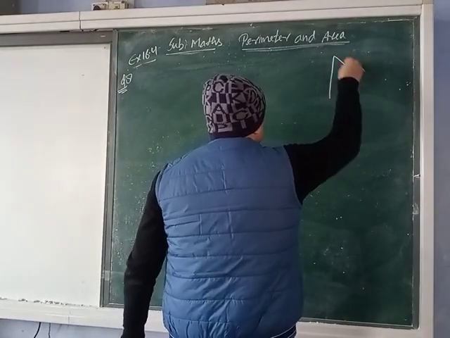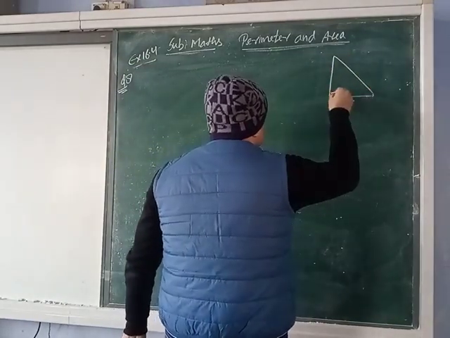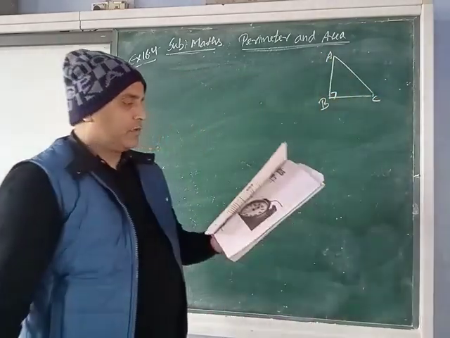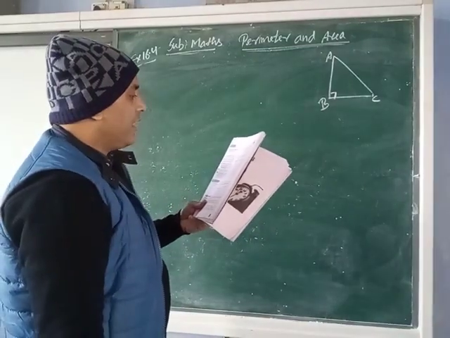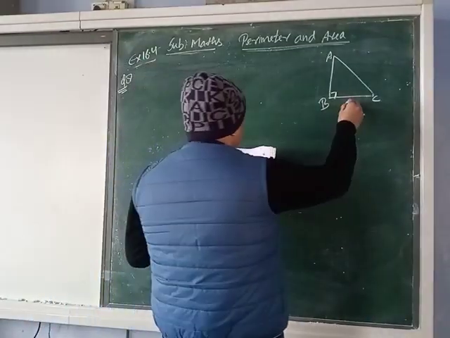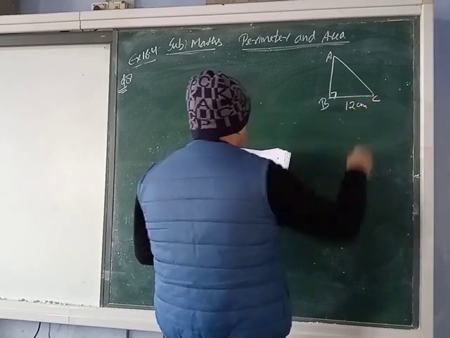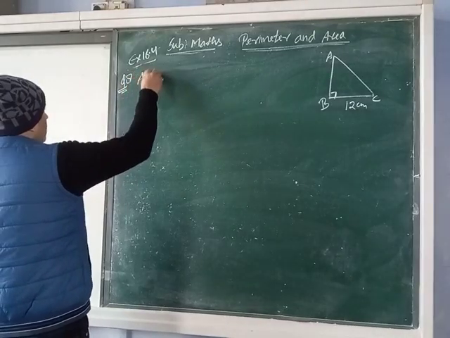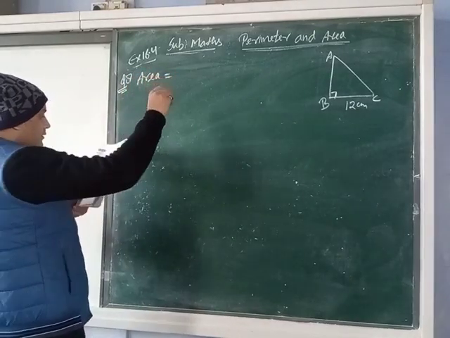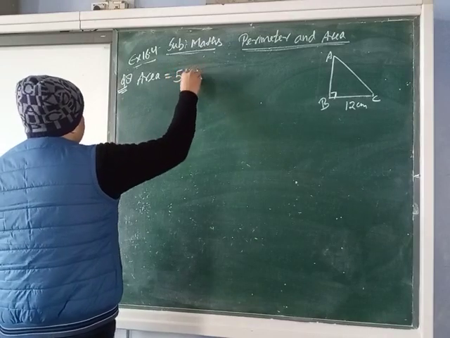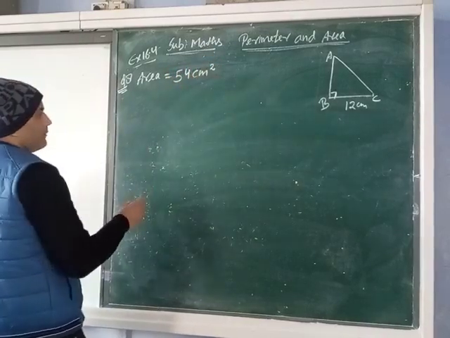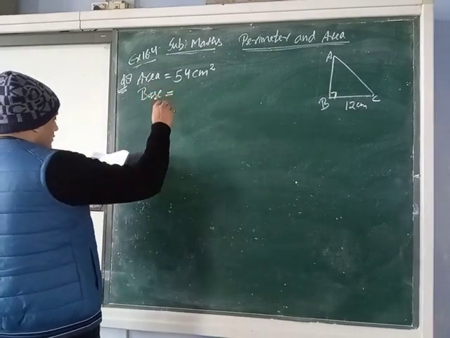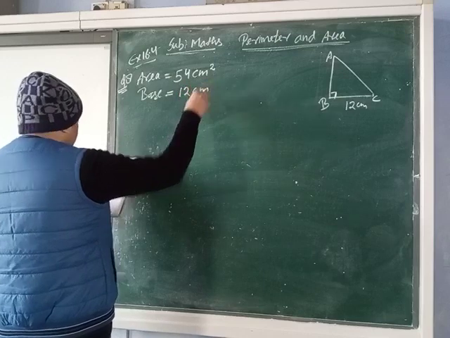This type of triangle, that is right angle triangle, A, B, C. What is given? Length of its base. Base is BC. BC is given, and the area is also given. Area is 54 centimeter square, and its base is given, that is 12 centimeter.